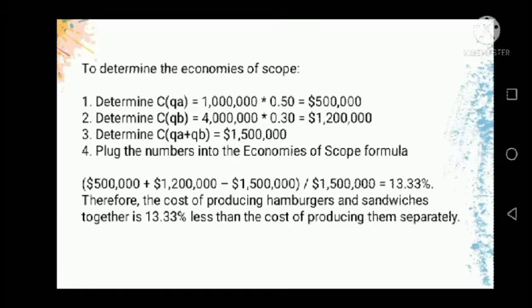Plug the numbers into the economies of scope formula. $500,000 plus $1,200,000 equals $1,700,000, minus $1,500,000 is $200,000, divided by $1,500,000 is equal to 13.33%. Therefore, the cost of producing hamburgers and sandwiches together is 13.33% less than the cost of producing them separately.